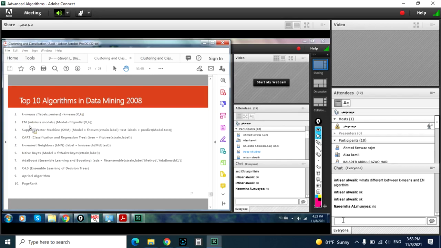Anyway, the top algorithms are K-means, EM, support vector machine, a classification and regression tree, and in the parentheses you can see the MATLAB codes. Nearest neighbor, it is similar to K-means, but we also must know the number of neighbors.